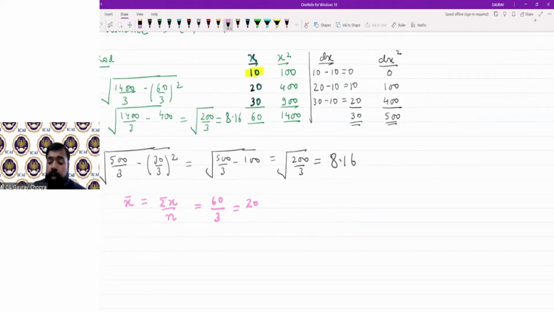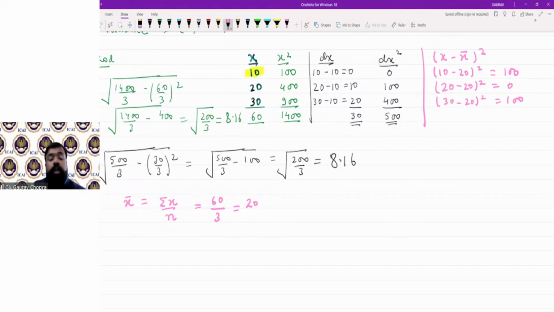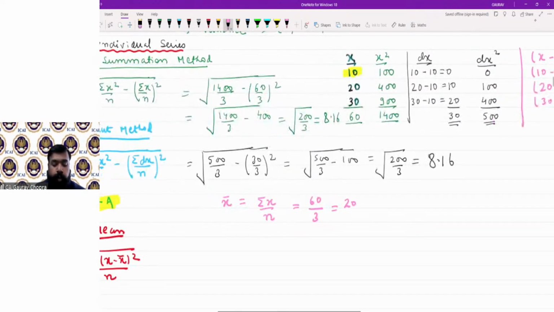Now, as per this third formula, what we require is x minus x bar whole square. So 10 minus 20 square gives us 100. Then 20 minus 20 square is 0. Then 30 minus 20 square is 100. So the total will be 200. Now let us put it in the formula.